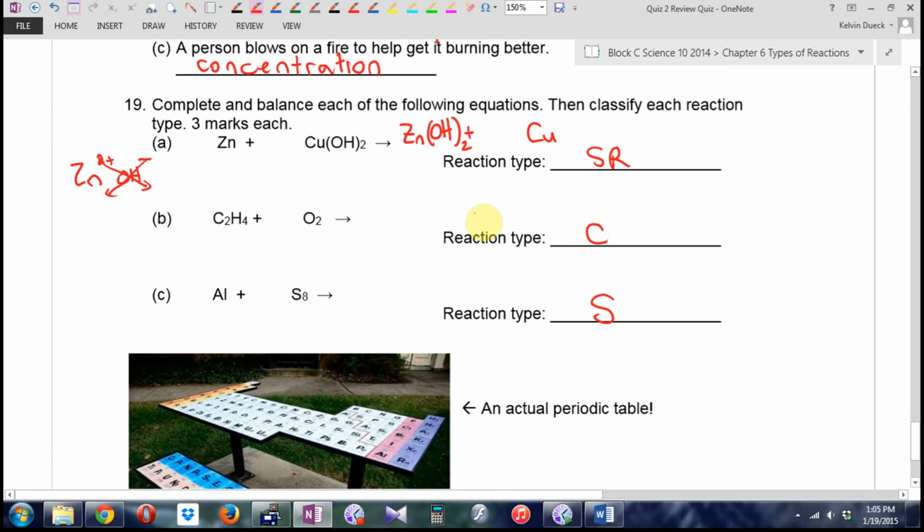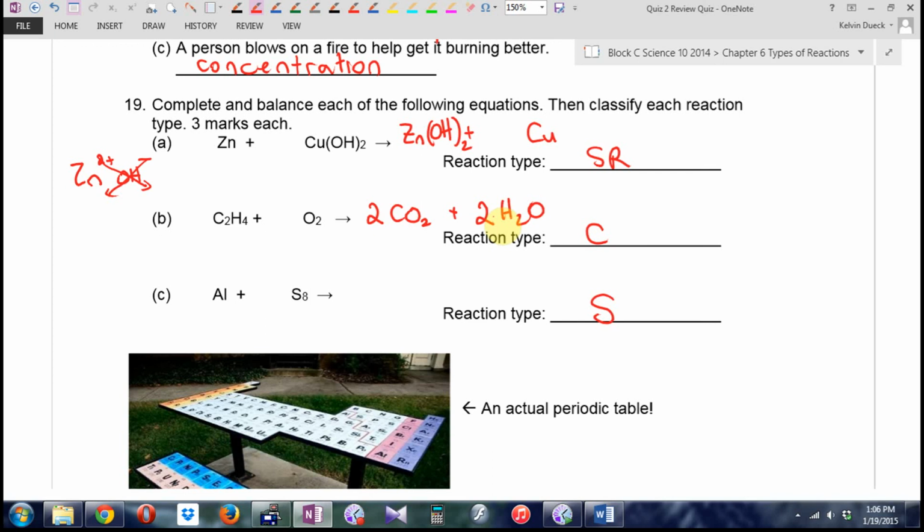B. This is burning. I know the products right away. It's always carbon dioxide and water. Now I balance. Start with the carbons. I got 2 on the left. I'll need 2 on the right. Then do the hydrogens. I got 4 on the left. I'll need 4 on the right, but there's 2 there already. And holy smokes, the oxygens took care of themselves. Booyah. No, yes?